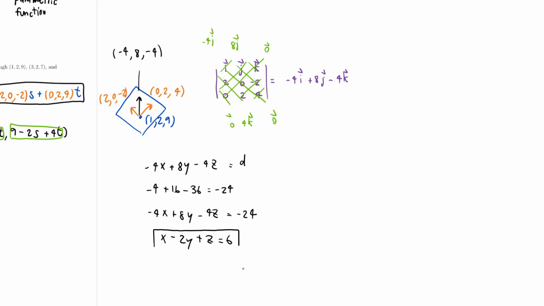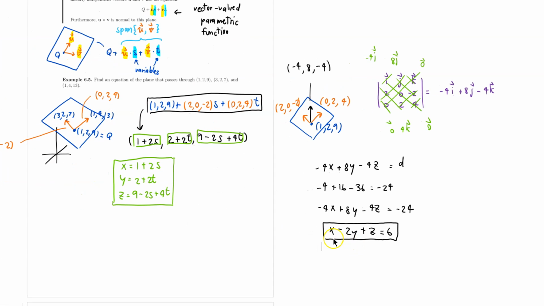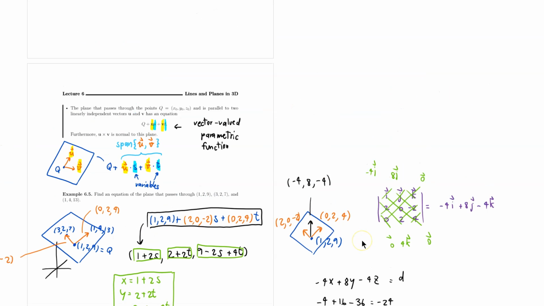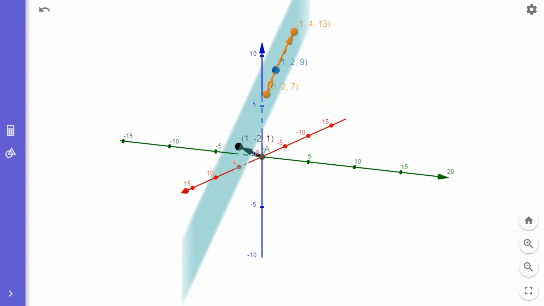So this is another way that I can obtain the equation for this plane that goes through the three points that the problem has. Notice how the answer, x minus 2y plus z equal to 6, is just the same plane that we saw in the earlier example. If I pull out my graph again, this is what I'm looking at.